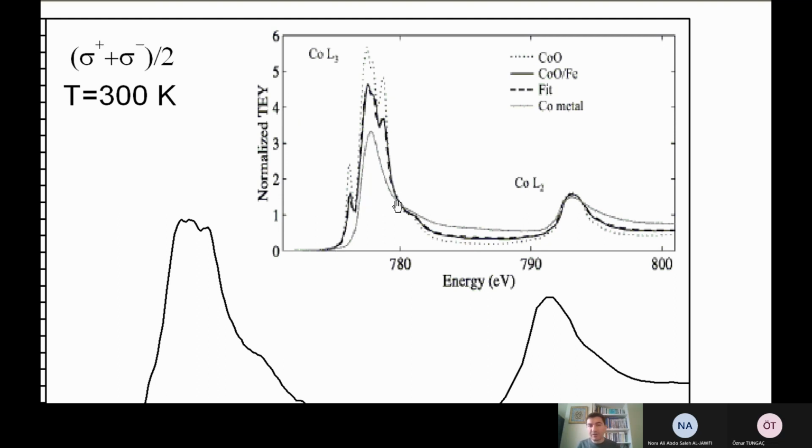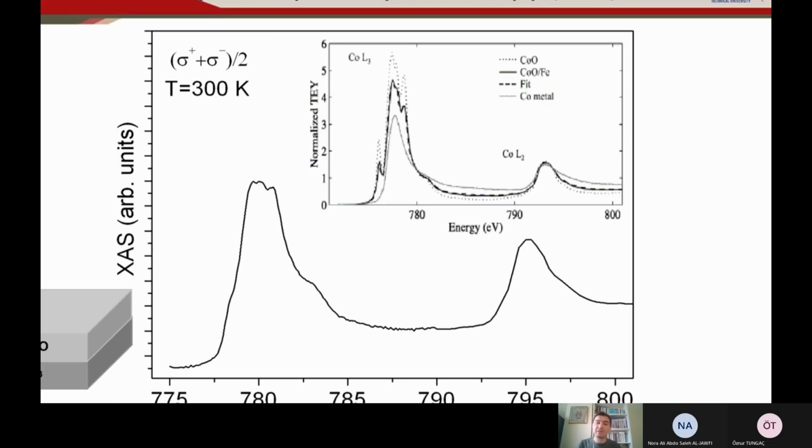This is more or less a sharp peak. There is no feature. So it means that if cobalt is metallic, if it is not oxidized, then you will see a sharp peak. If it is oxidized, you will see some fine structure around the cobalt L3 energy. Then you can understand whether your cobalt is oxidized or not.